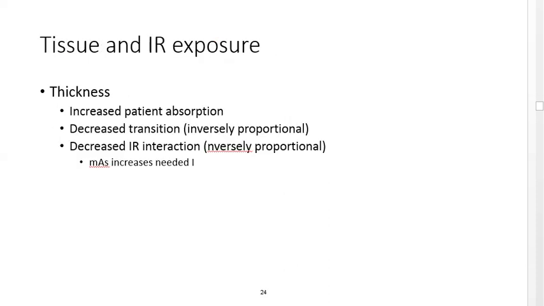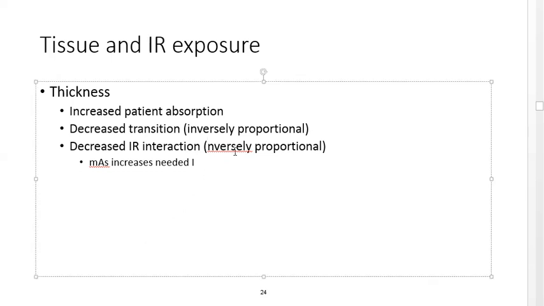All right, so tissue and image receptor exposure. Thickness is increased patient absorption. We get an increased patient absorption with increased thickness, and that is a decrease in the amount of exposure, or how much radiation is going to pass through the patient. So the thickness and the image receptor exposure is going to be inversely proportional. Obviously some typos here.